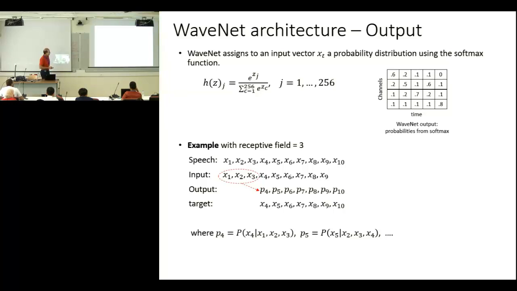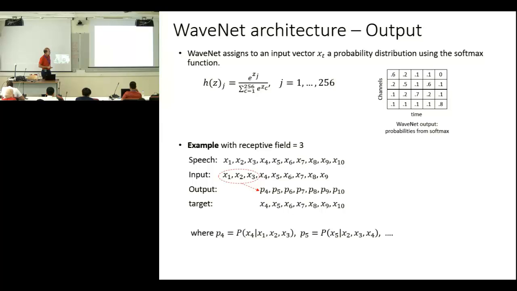Here, the P4, as I told you before, is the modeling of this probability. This is the conditional probability of sample X4 to fall into one of the 256 categories, given all the previous samples. And the next probability is this one.